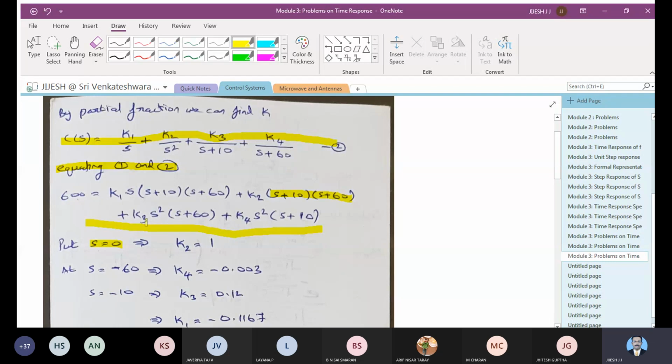K3 s square is there, since it is 0 it will get eliminated. K4 s square, since it is 0, will get eliminated. So with s equal to 0, you will get only the k2 term, and from that you get k2 is equal to 1.